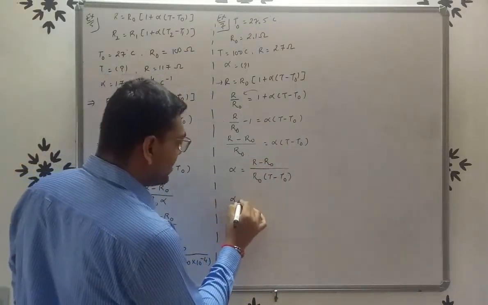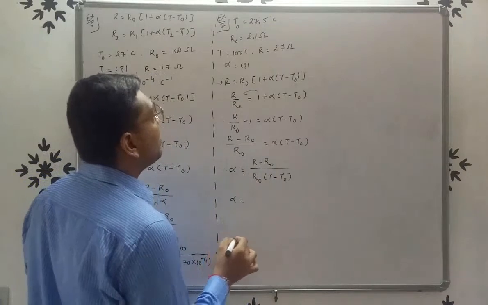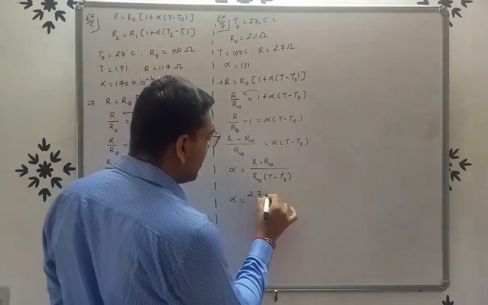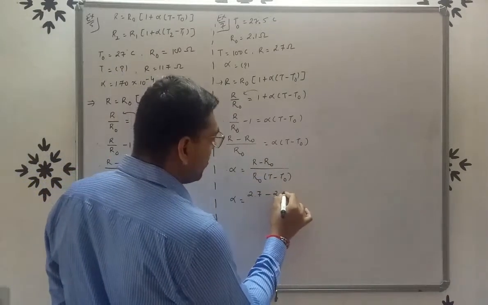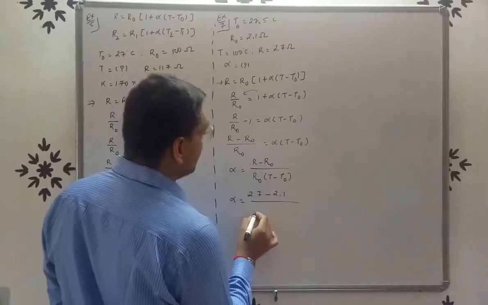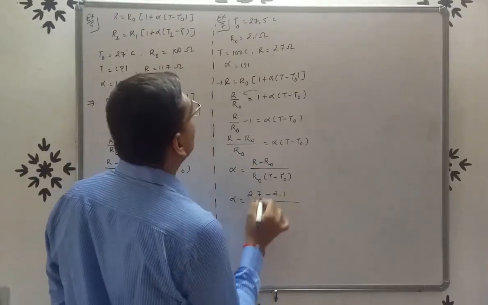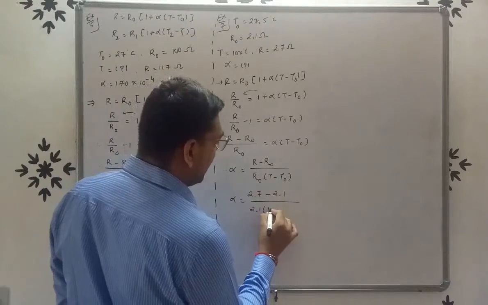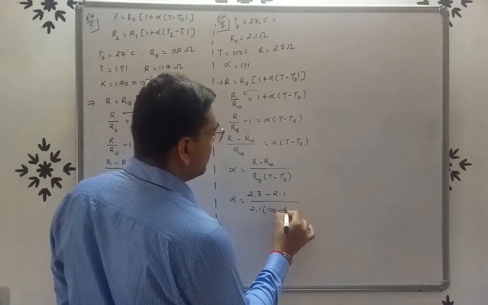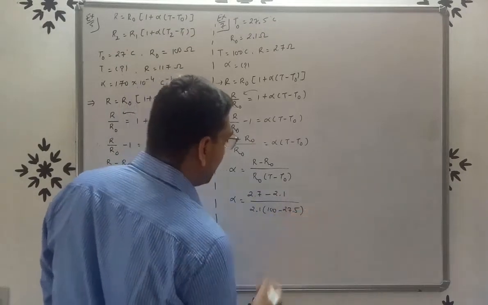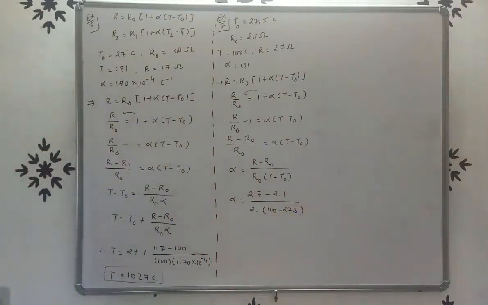So alpha is equal to, we know the value of R is 2.7 minus R0 2.1 upon R0 2.1 into the value of T 100 minus T0 27.5, right?